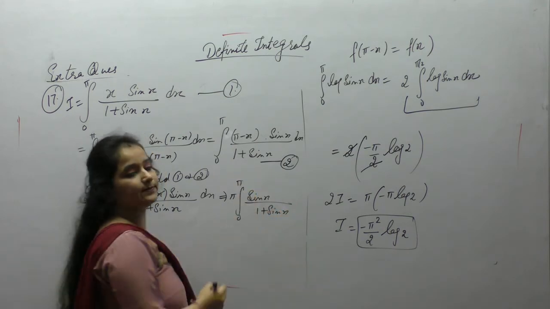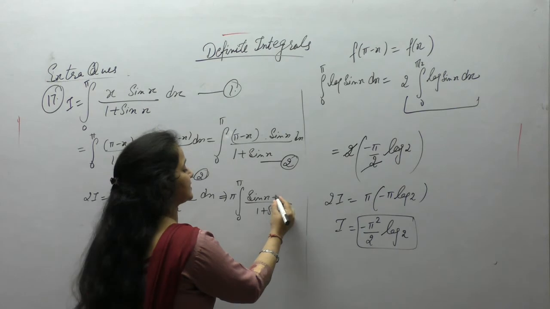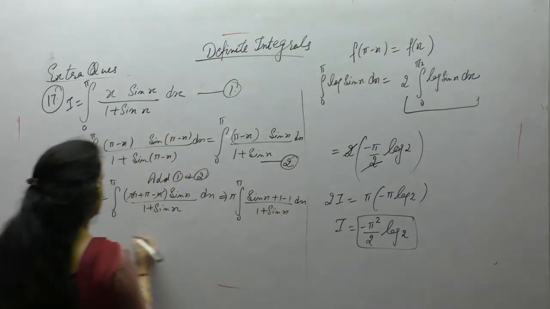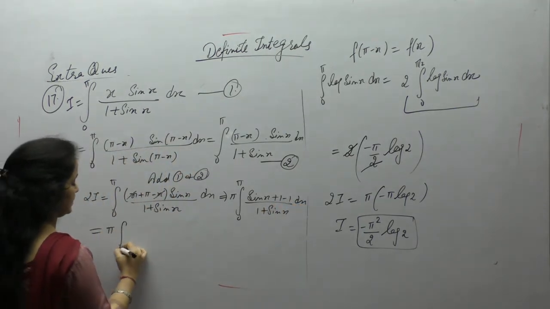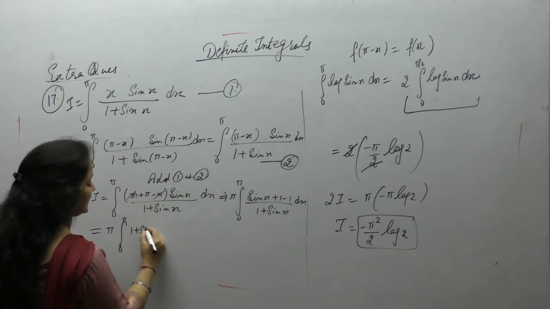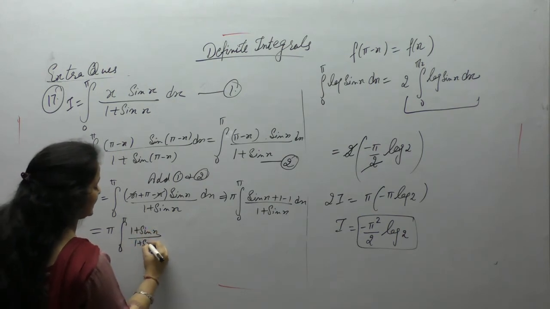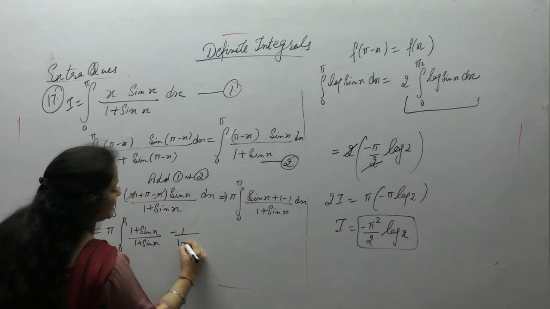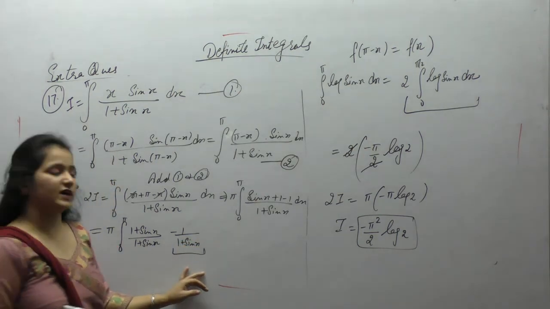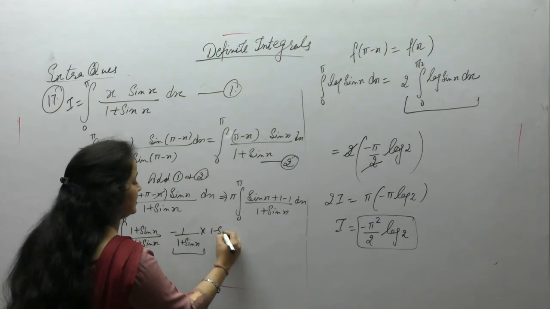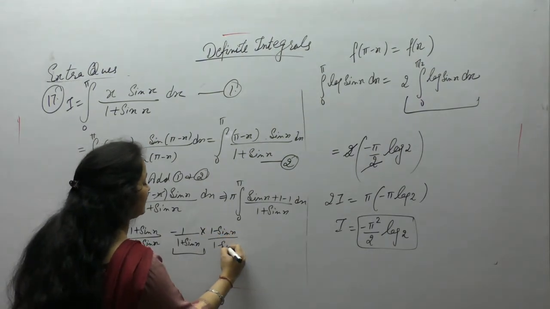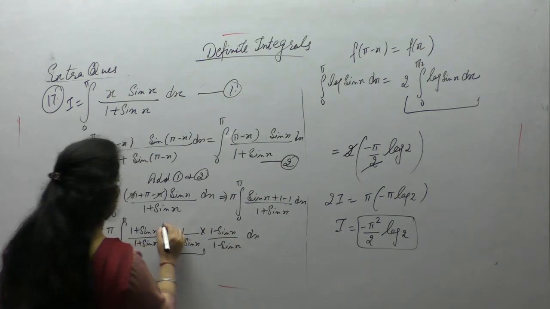Now add and subtract 1 in the numerator. 0 to pi, 1 plus sin x upon 1 plus sin x minus 1 upon 1 plus sin x. In this type of integral, first rationalize it. 1 minus sin x, 1 minus sin x.